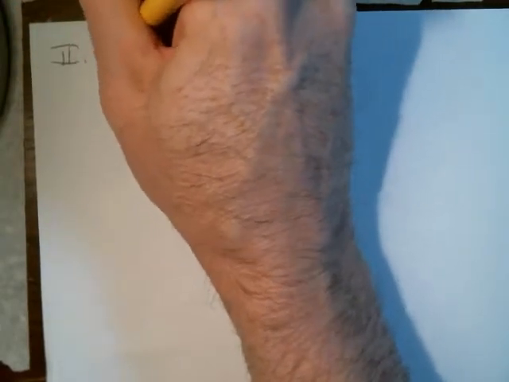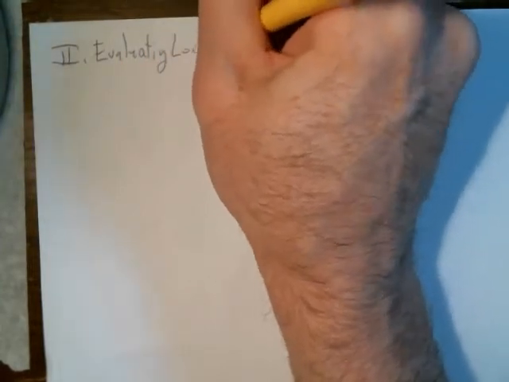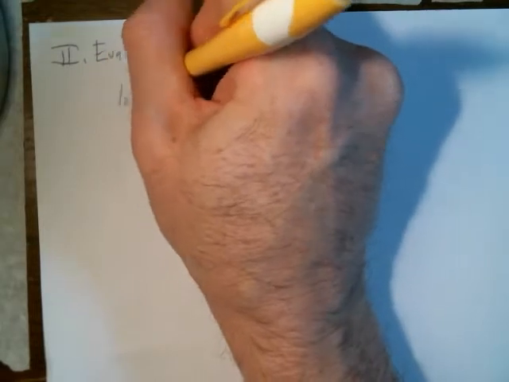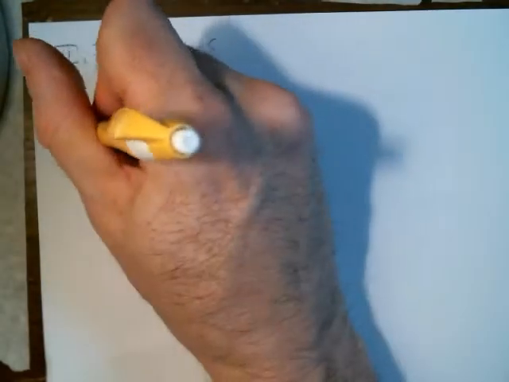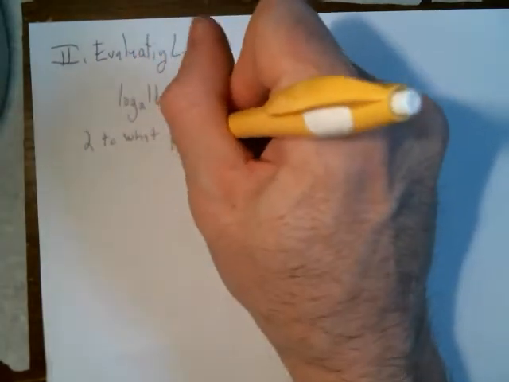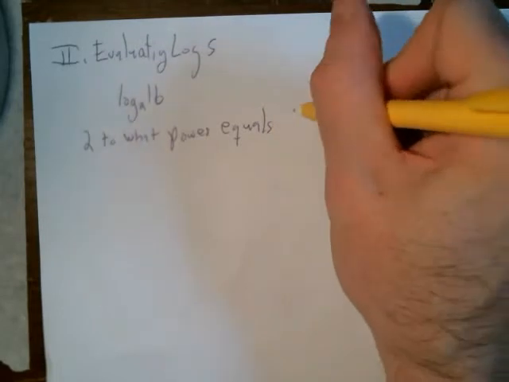Okay, so I have a bunch of mini exercises in the book we'll go through and take a look at. So section 2, evaluating logs. So if you see something like log base 2 of 16, you're asking 2 to what power equals 16.